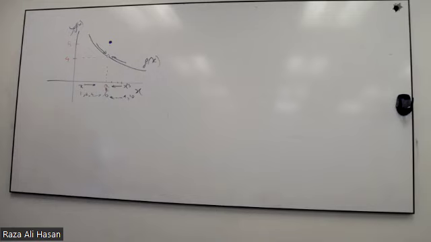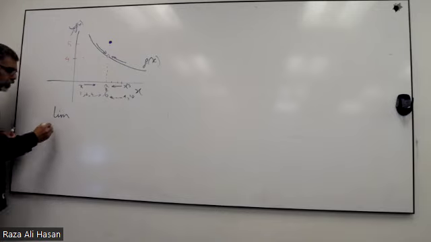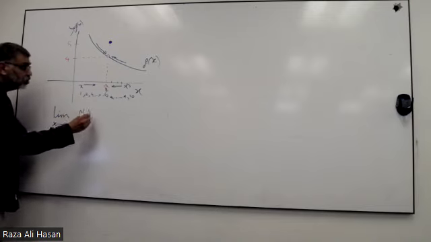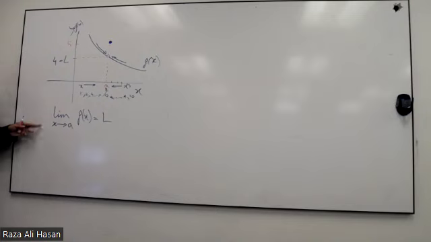So in other words, in the limit, as values of x go to a, the value of the function goes to, let's call this L. As the values in the domain of the function f, values of x, go towards a, which is our 6, then the value of the function tends to L.